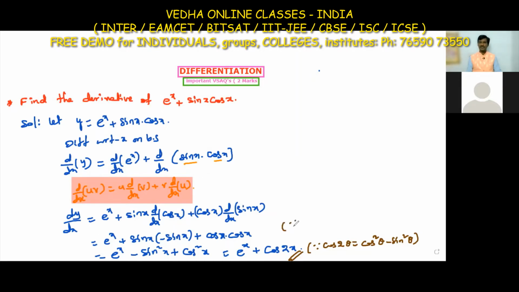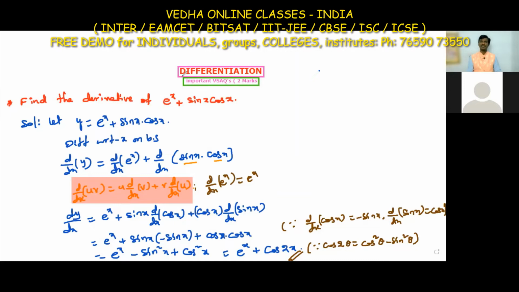Here we used the derivative formula d by dx of cos x as minus sin x. Direct formula only it is, and d by dx of sin x formula is cos x. And here we used another formula, that is d by dx of e to the power x. E power x formula is e power x only.